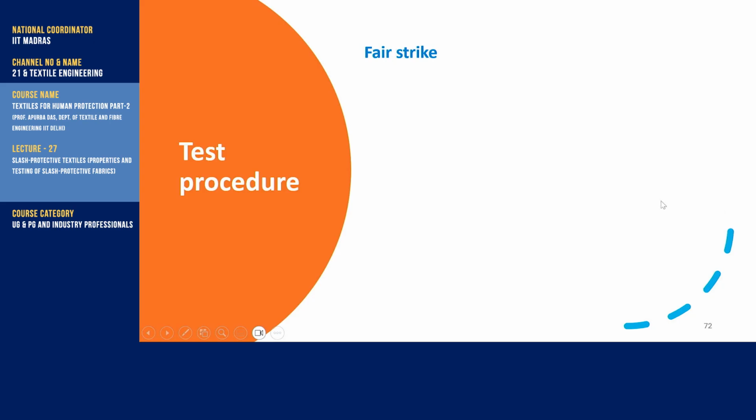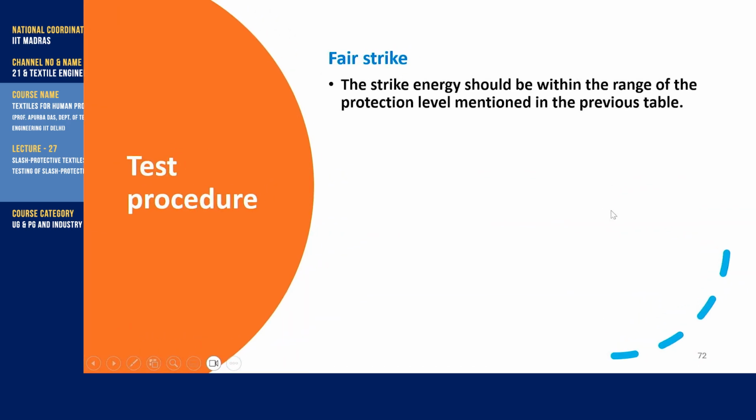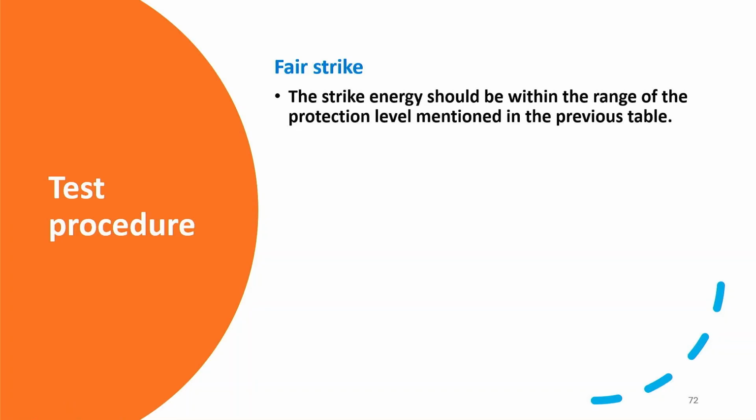Now, the test procedure. First, we have to ensure a fair strike. The strike energy should be within the range of the protection level mentioned in the previous table. We have to keep the strike energy within, say, 36 joule.